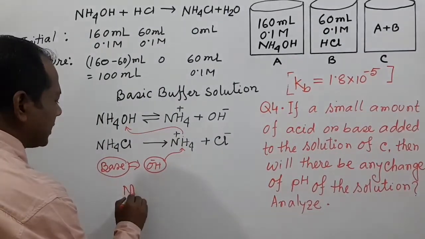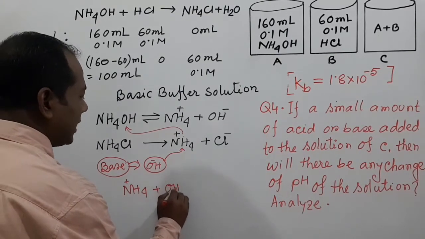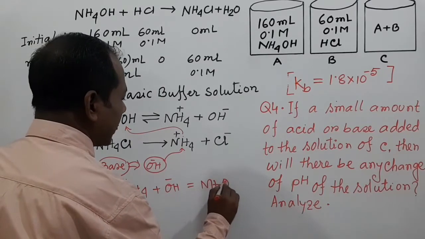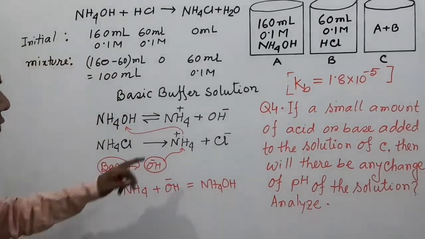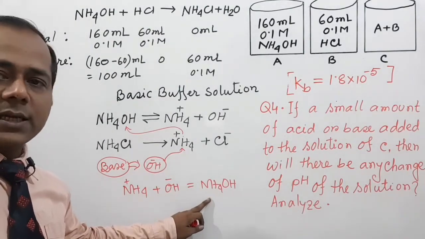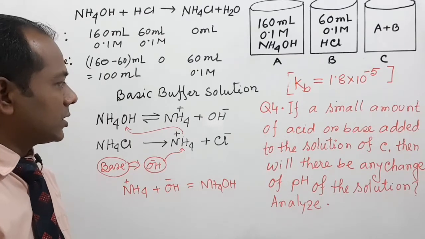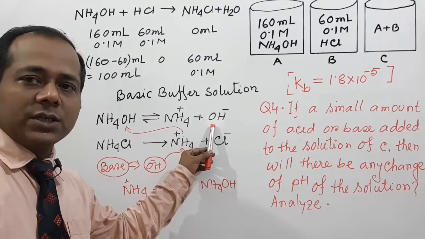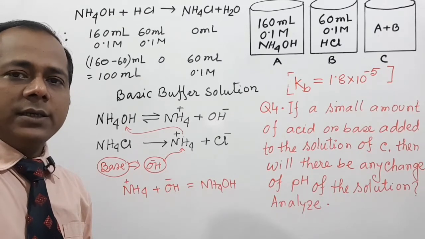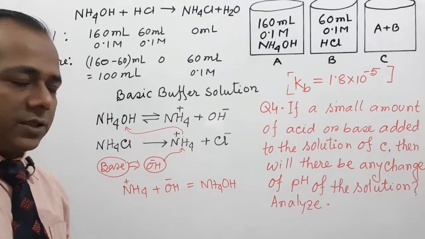Due to the common ion effect, this ammonium hydroxide cannot be dissociated, and that's why the molar concentration of hydroxyl ion remains unchanged, and that's why the pH remains unchanged, my dear students.